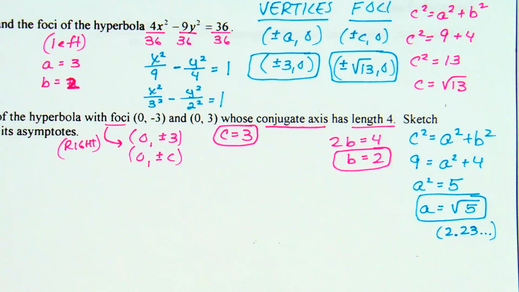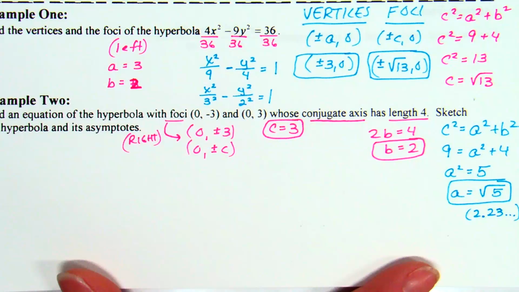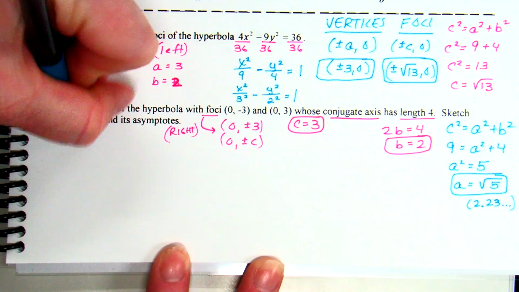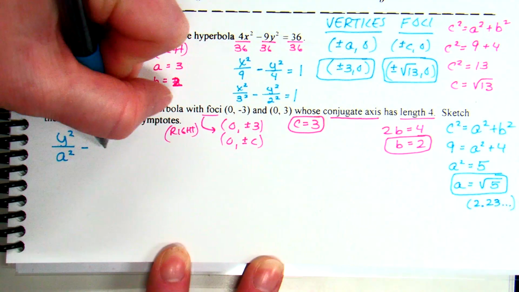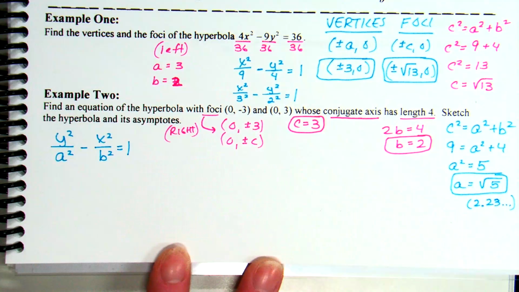Do we know enough to write my equation? Yeah. So, I'm leaving room for my graph in the middle, so I'm going to come over here at the left side and do my equation. Leave room for a graph somewhere. Okay? So, it was the right equation. So, y squared over a squared minus x squared over b squared equals 1.